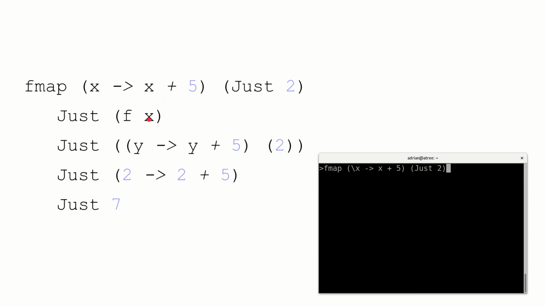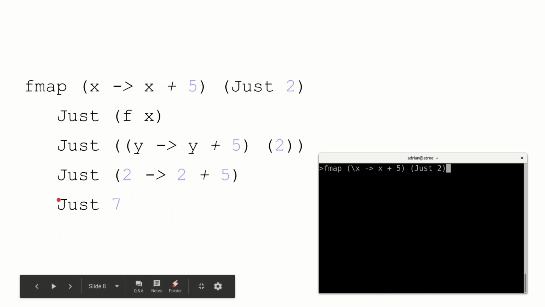We feed our value of our functor into our function, and then we recreate our functor. So we've got our 2 value here, and we've got our function here. Our 2 value goes into the function. We evaluate the expression in our function, which is 2 plus 5 is equal to 7. Then we recreate our functor, and we get Just 7.